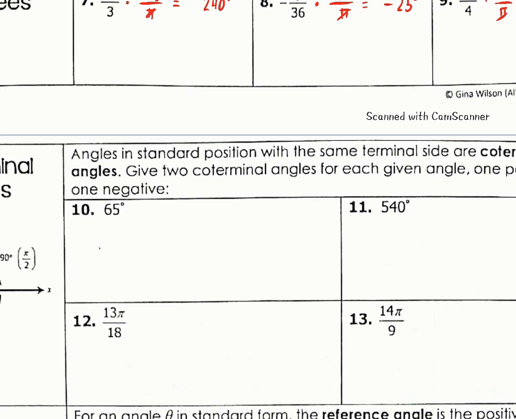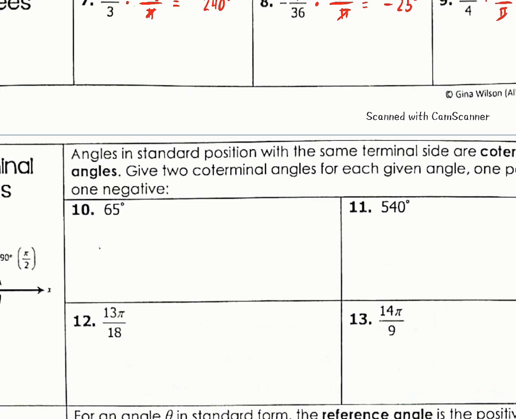If it's in degree mode, we're going to add and subtract one full revolution, to where we get back to where we just were. We add or subtract 360. Okay? That's what puts me right back to where I was.